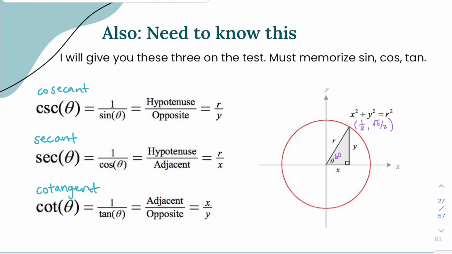So if I'm asking for, let's say, the cosecant of 60, I'll rewrite that as 1 over the sine of 60, and the sine of 60 is something I can pull off of my unit circle, right? That's going to be my y-coordinate at 60 degrees. 1 over radical 3 over 2, keep, change, flip. Your cosecant of 60 degrees is 2 over radical 3.